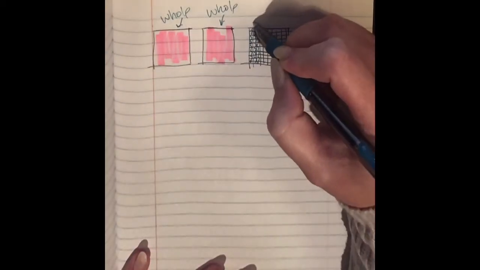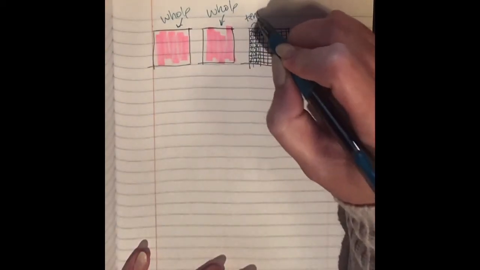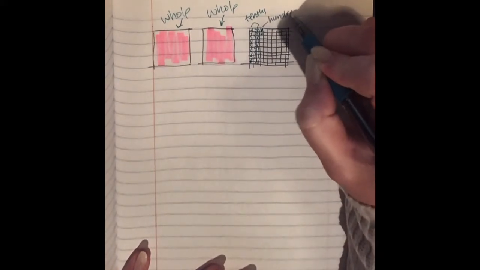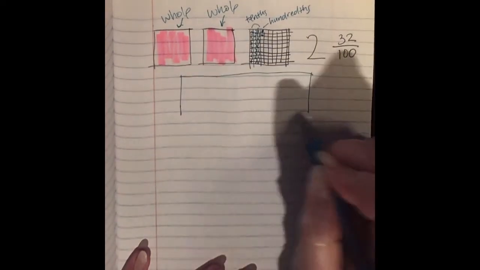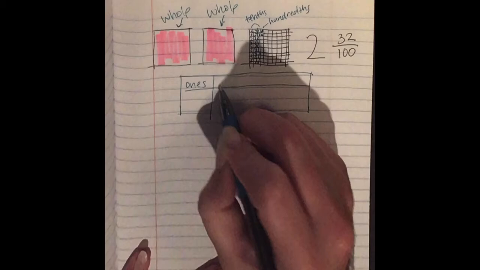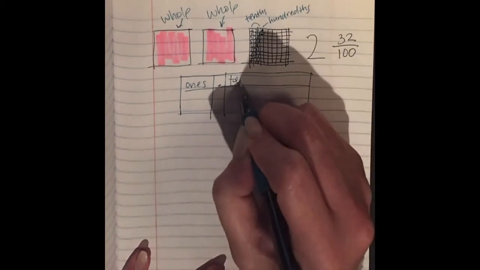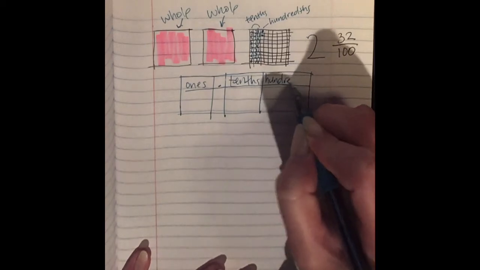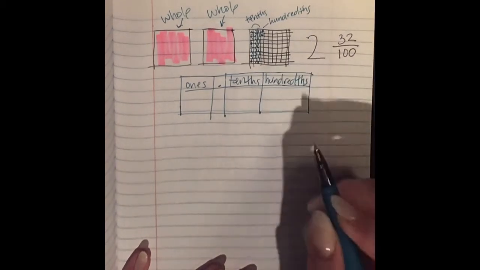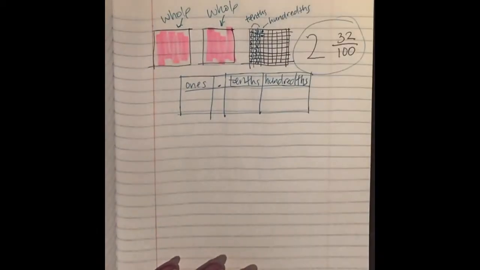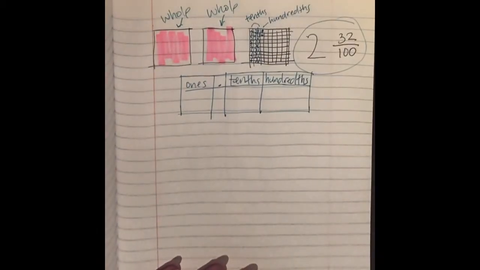And then I have my tenths and my little hundredths. So in my place value chart, ones, decimal, tenths, hundredths, what would go where? If I have 2 and 32 hundredths.